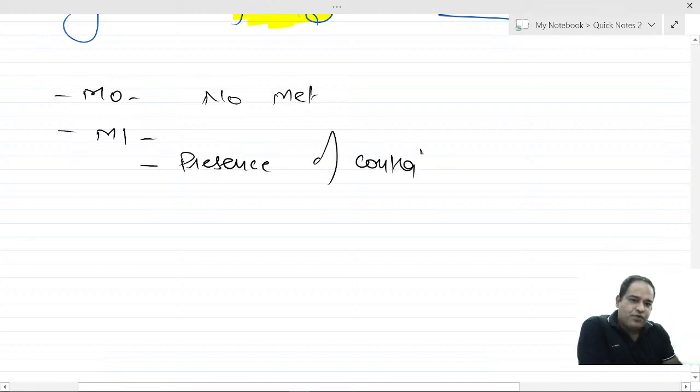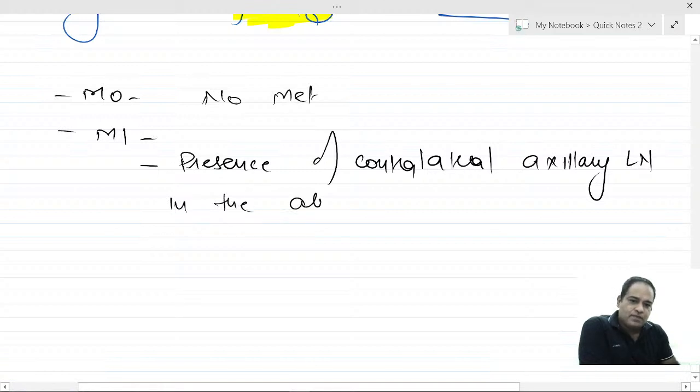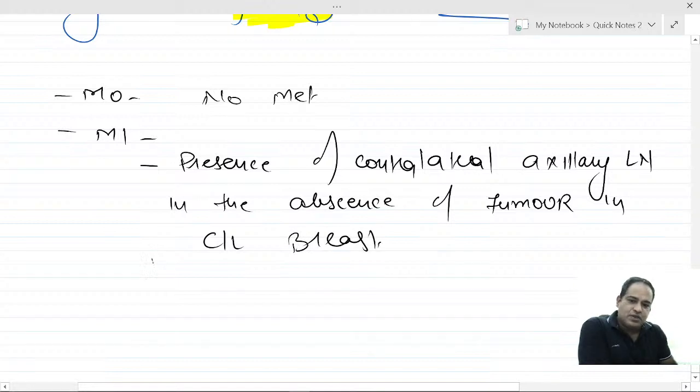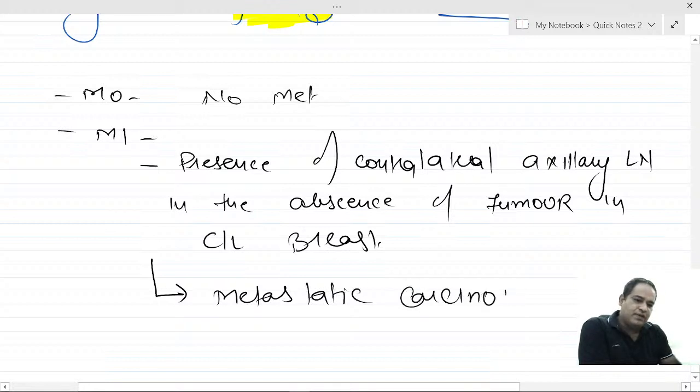Presence of contralateral axillary lymph node in the absence of a tumor in contralateral breast is also considered metastatic carcinoma.